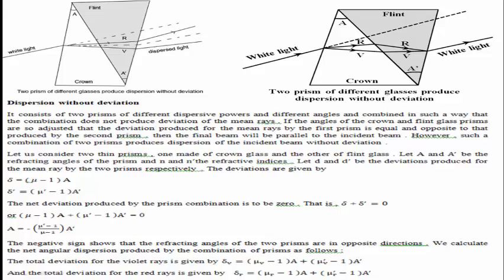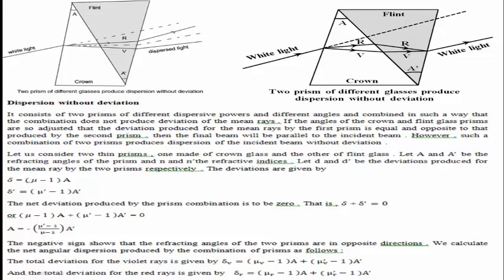The deviations are given by δ is equal to (ν minus 1) multiplied by A, and δ' is equal to (ν' minus 1) multiplied by A'.